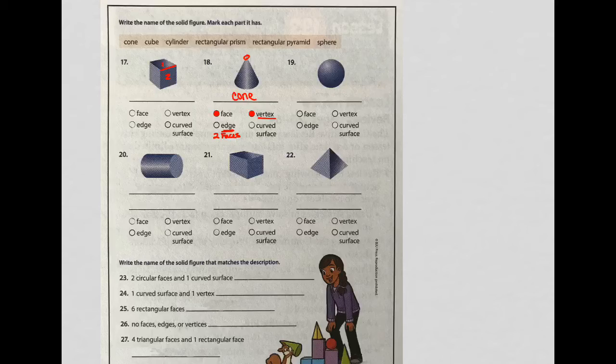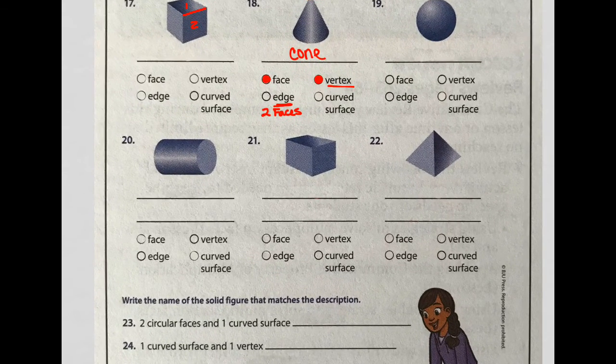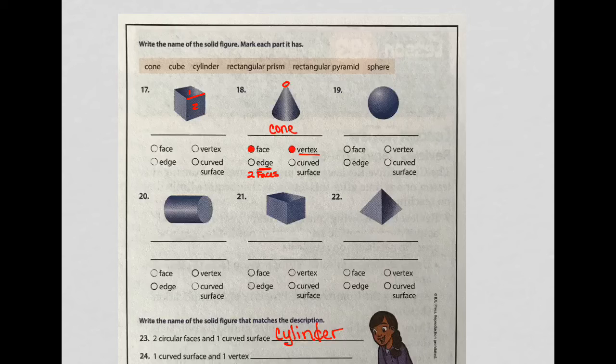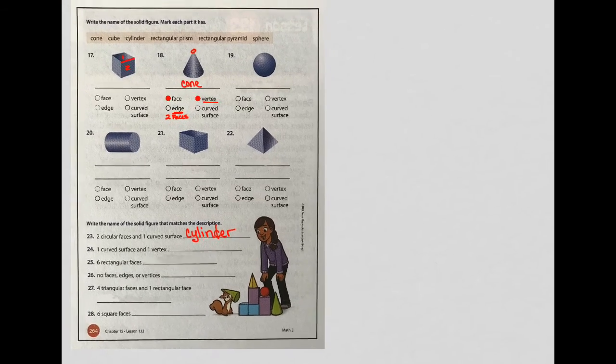Which one do you think it is? If you said the cylinder, you are right, because if you look here at the cylinder, here's 1 circular face, 1 on the back side, that's 2, and then it has this curved surface here. So for 23, we're going to put cylinder. If you don't know how to spell it, look in the peach box above. So you'll answer those questions.